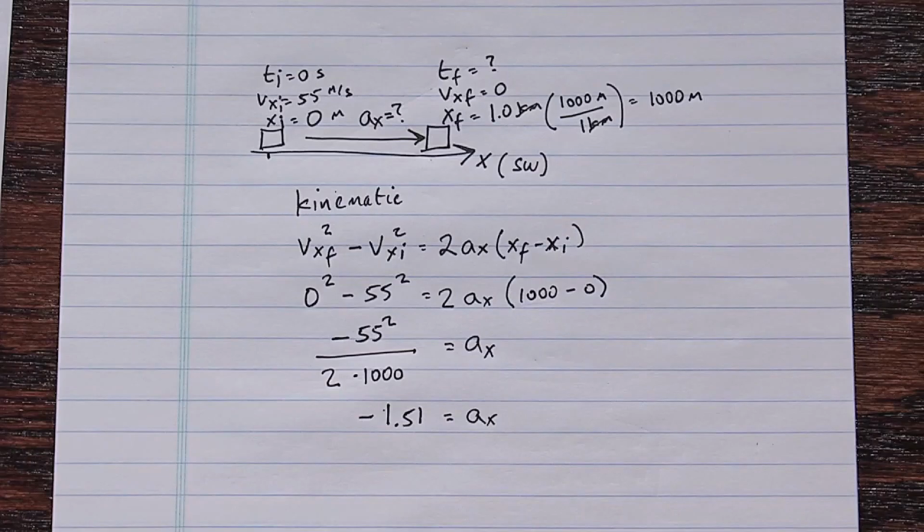So we would expect the acceleration to represent that, and that would be a negative acceleration. If your velocity is changing in the negative direction, becoming more negative, then acceleration is negative. So our acceleration in this case is negative 1.5 meters per second squared, and we've answered the question.